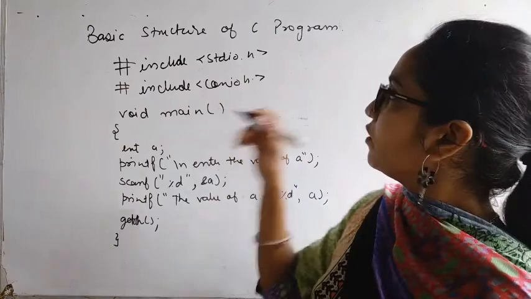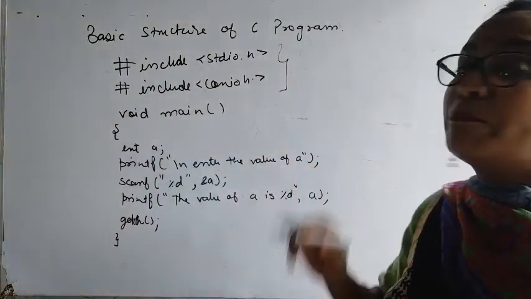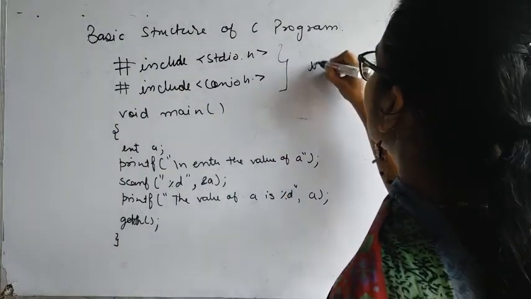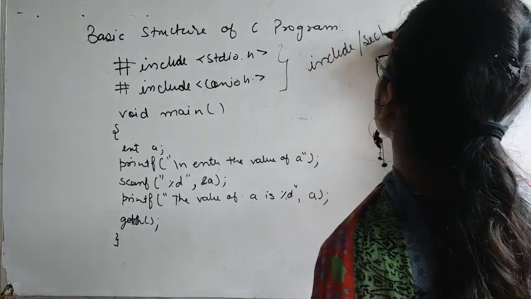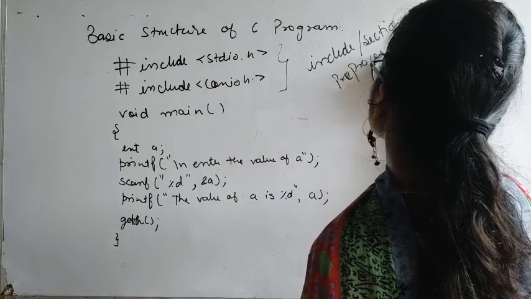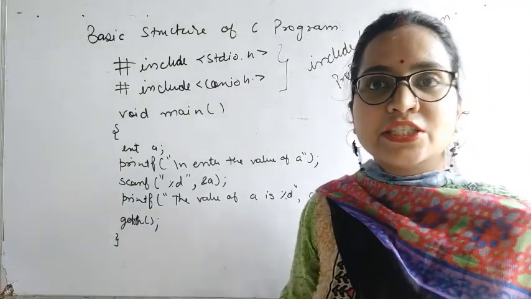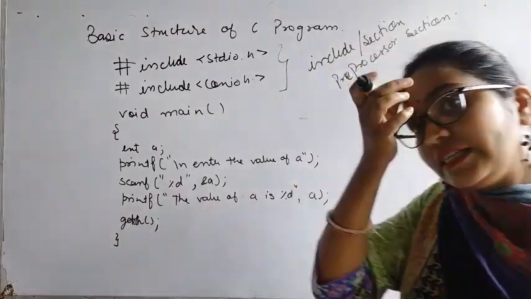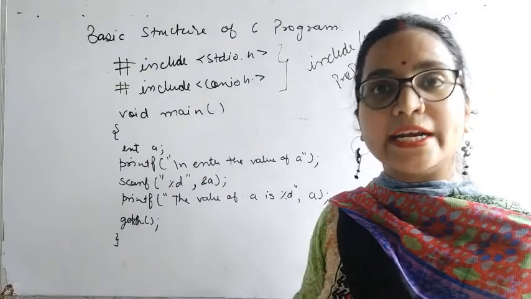So first of all, let us continue with this section. This section is called the preprocessor directive section. Also we can say it is the include section. This section says that if we want to use predefined built-in functions in a C program, at that time we have to include those particular header files.